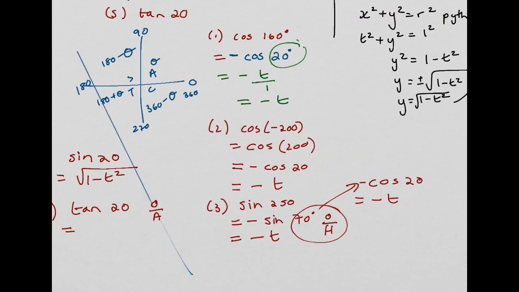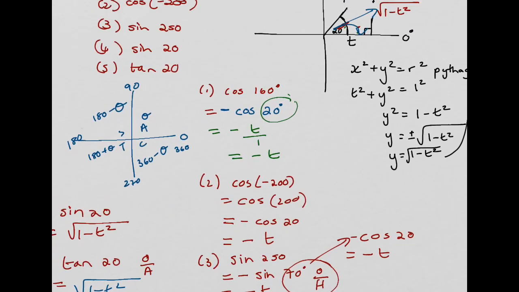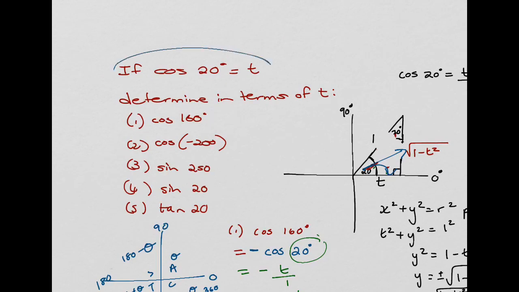So we're working with the root of 1 minus t squared all over t. That's what they're asking you to get. They're not asking you to actually put tan 20 into your calculator. It's all linked to the diagram, and the diagram is formed by using Pythagoras and the clues that have been given to you. And again, the clue that was given to you was that cos 20 equals t. That started it all off.